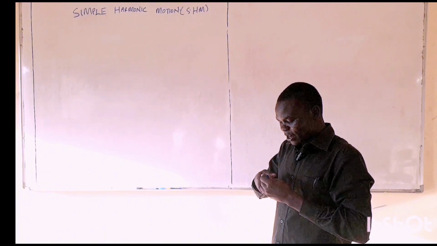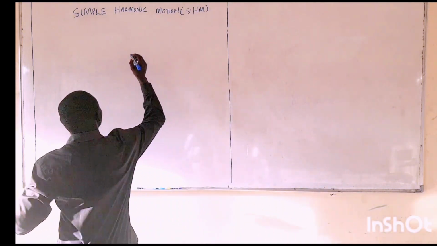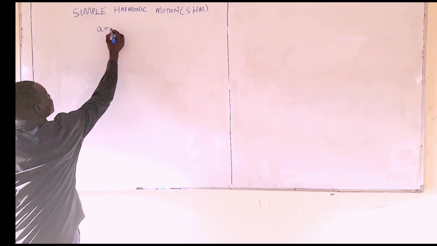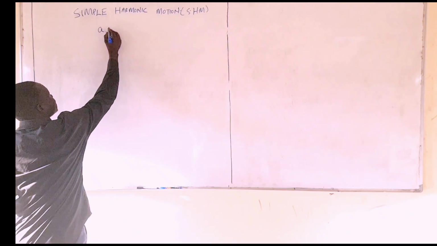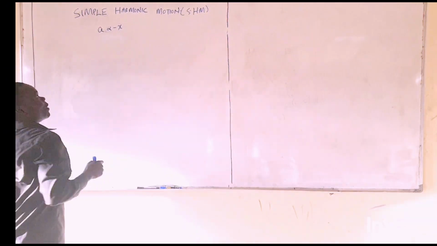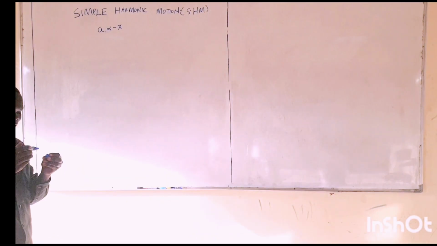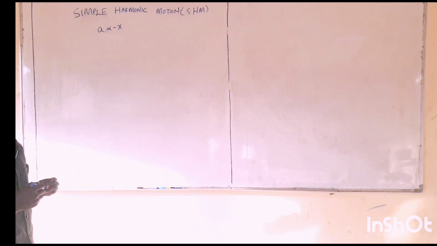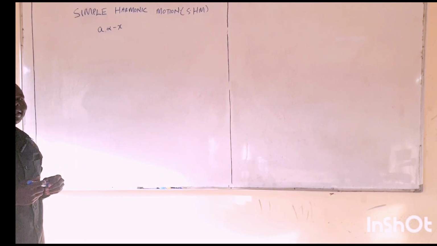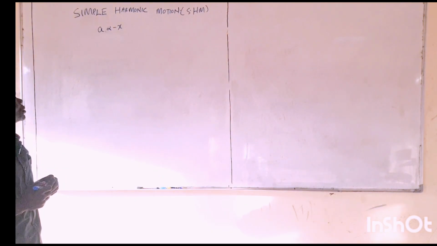Mathematically, we represent simple harmonic motion as: a is directly proportional to negative x, where x is the displacement from a certain fixed point and a is the acceleration of the motion.